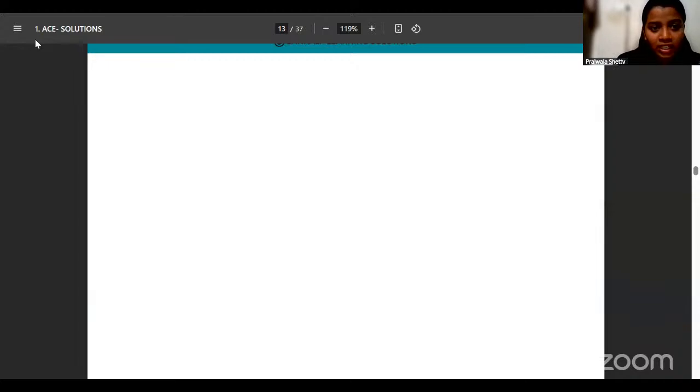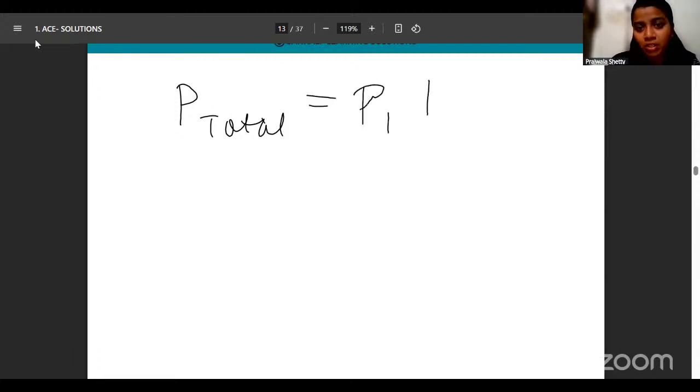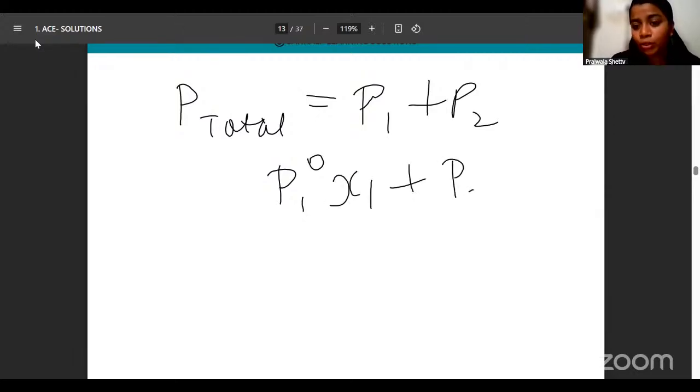According to Dalton's partial pressure, P total is equal to P1 plus P2, the sum of partial pressures of each component. When you substitute these values from Raoult's law, the P1 value is P1 naught into X1 plus P2 naught into X2, right? This was Raoult's law.